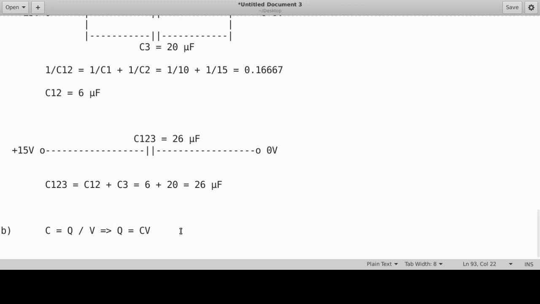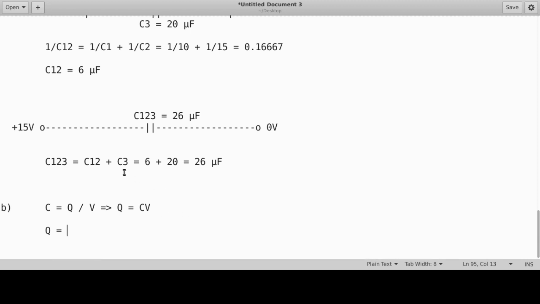That's what we're going to use. If you want the total charge, it's just going to equal the total capacitance times V, which is 26 microfarads multiplied by V, which is 15 volts.